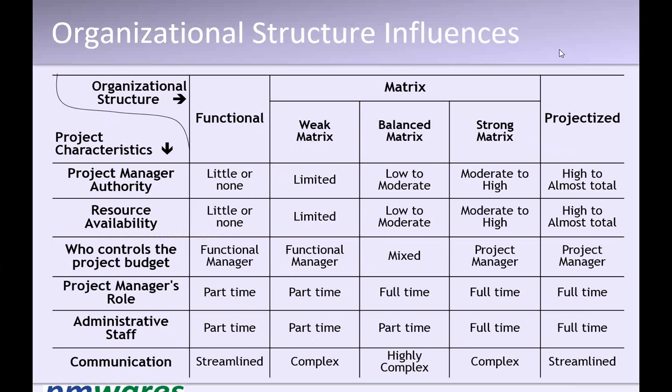They have groups like database, Java, business analyst, PM, and maybe others. So they have a functional influence. They have functions. People, normally resources, belong to either the database group, Java group, business analyst group, or PM group.